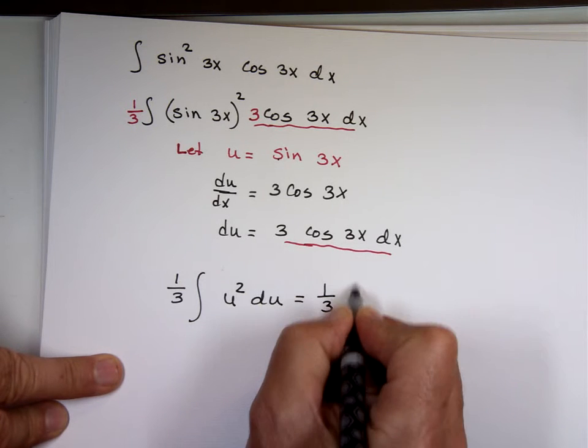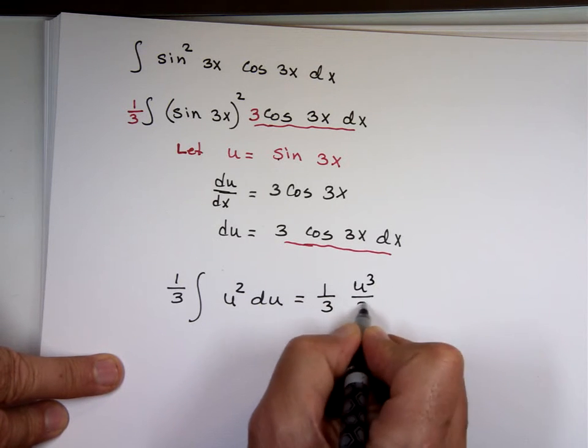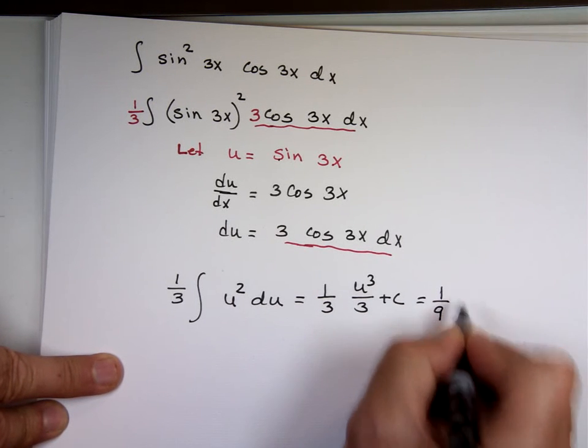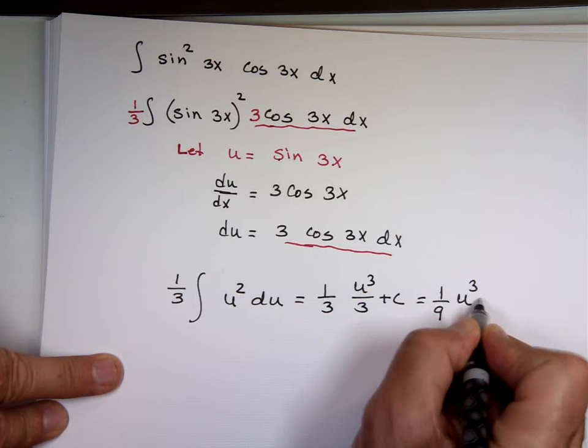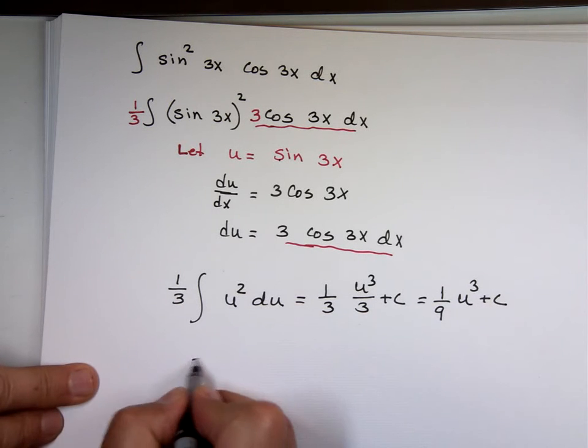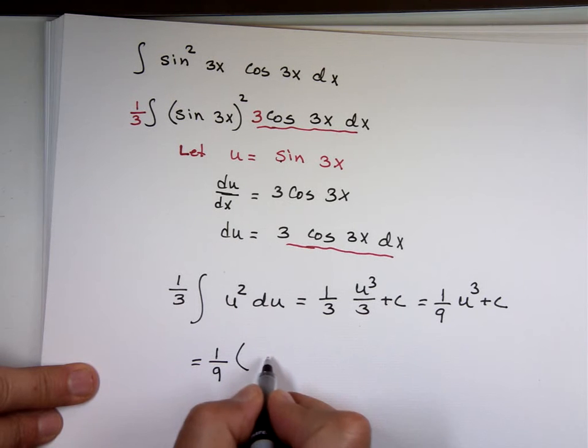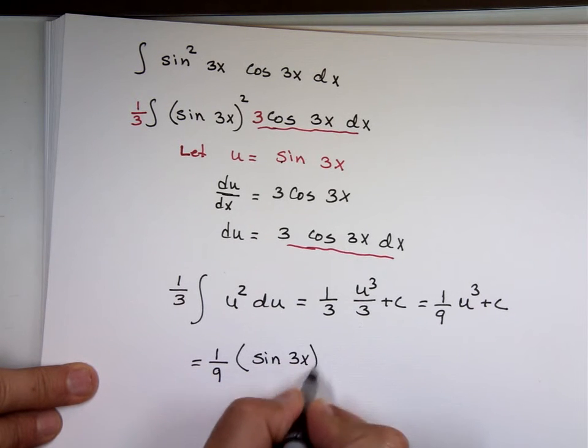That's u to the 3rd over 3 plus c, which is 1/9 u to the 3rd plus c. What is u equal to? Sine 3x to the 3rd plus c.